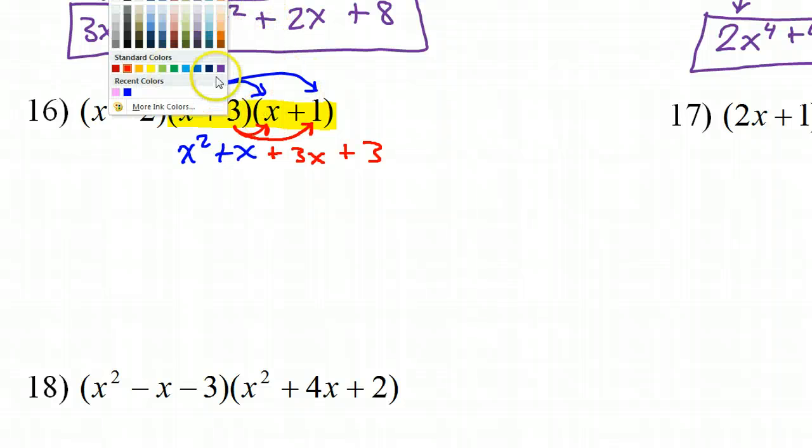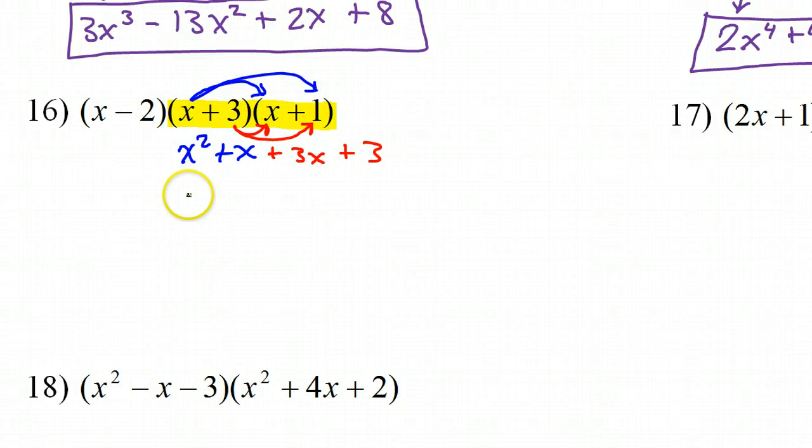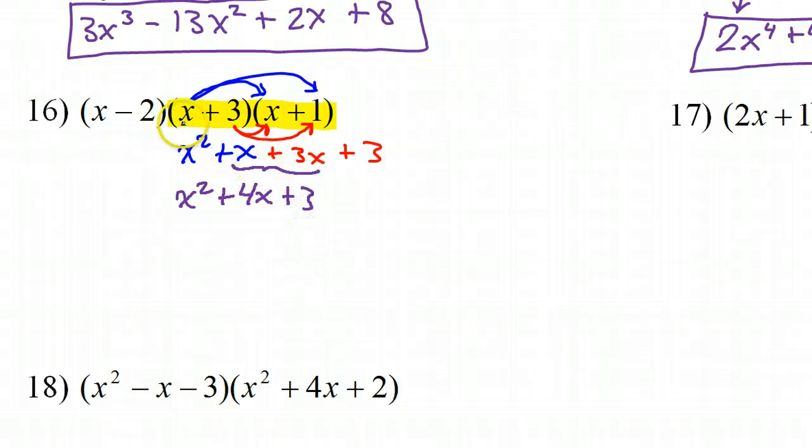Okay, if I put those together, I get x squared. Alright, x plus 3x, putting these together, that's 4x plus 3. So that's what I get from multiplying these 2 yellow ones together.